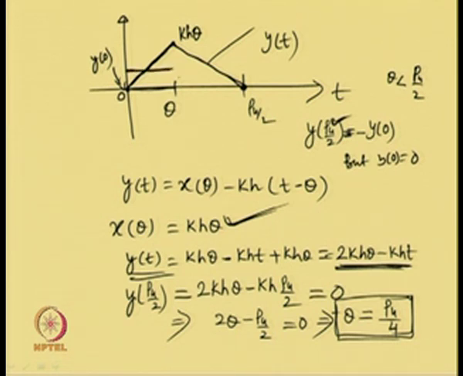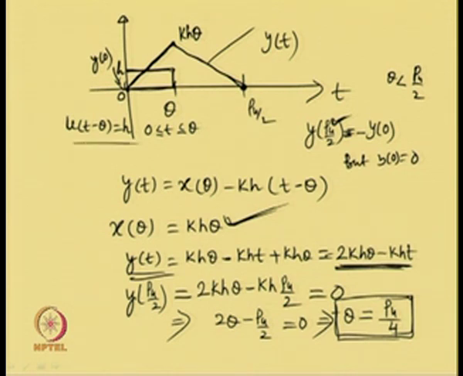When the input is positive h, that is there when time t, because by definition we have taken u(t minus theta) is equal to h for the time range 0 to theta.